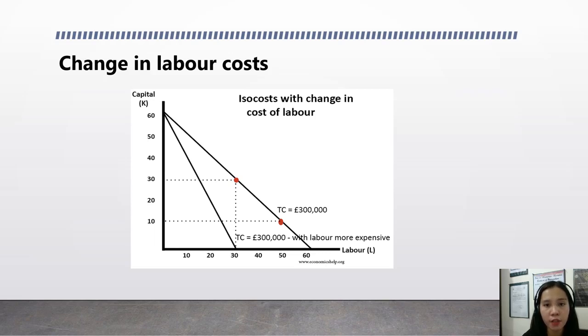Now we keep the cost at 300,000, right? So a firm could only employ 30 workers instead of 60. So 30 times 10,000 comes up with 300,000 total cost. This isocost graph shows that even though they changed the cost of labor, they still have the same total cost, which is 300,000.